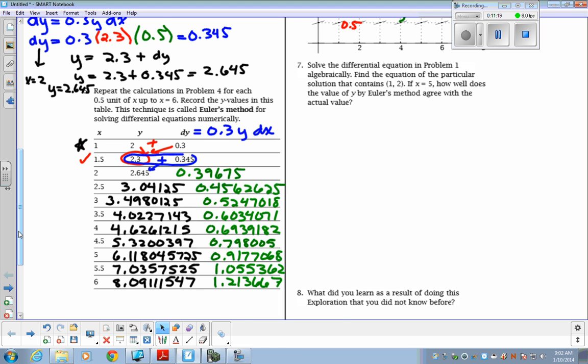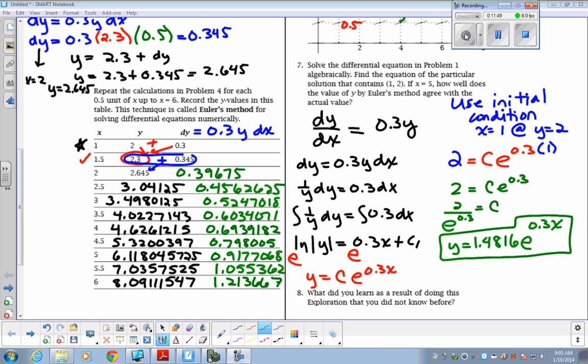So what I would like for you to do right now is start with dy/dx equals 0.3y. I want you to solve that differential equation. And once you have that solved, go ahead and put the video back on to make sure you have the right solution. Then we'll work out what y is at x is 5 and check with Euler's method at x is 5. So go ahead and pause the video now, please.